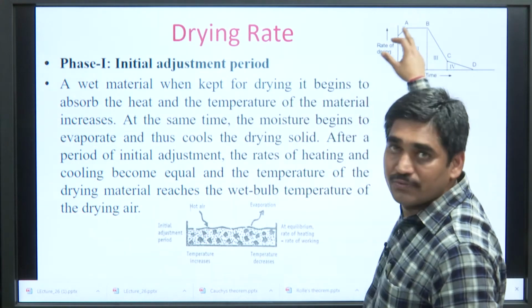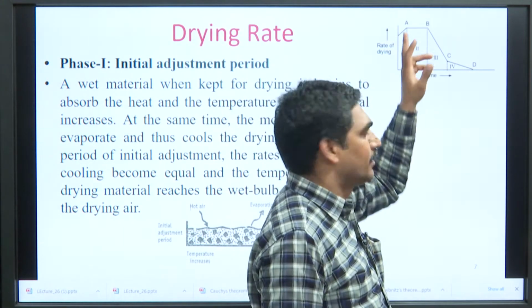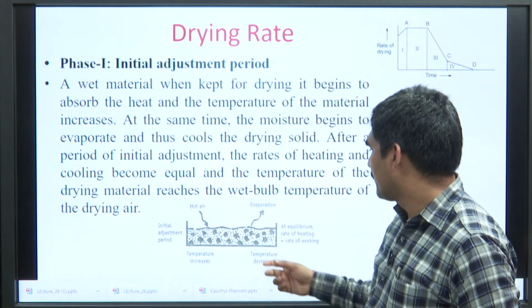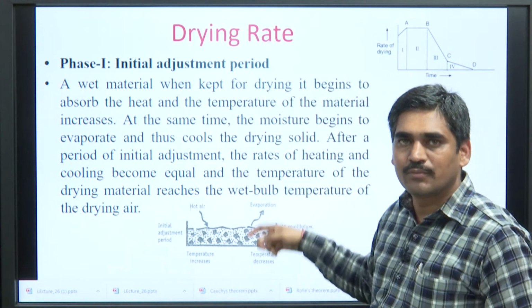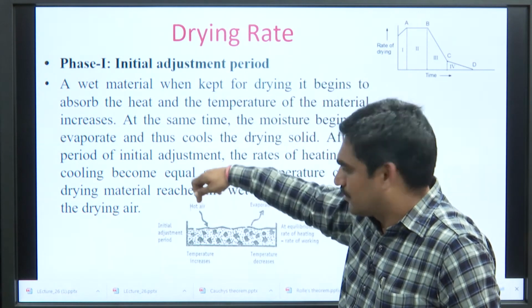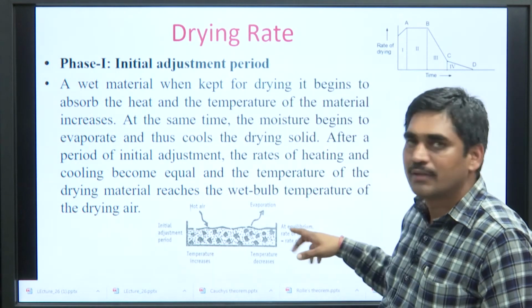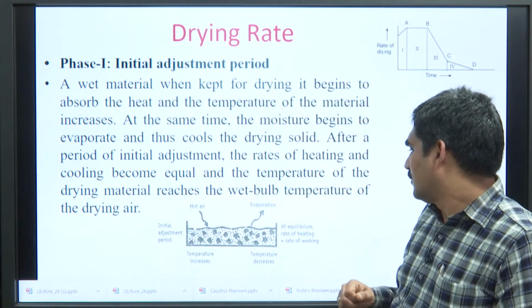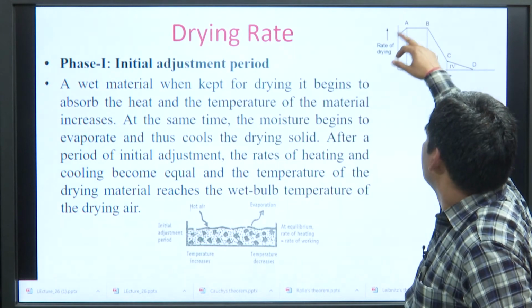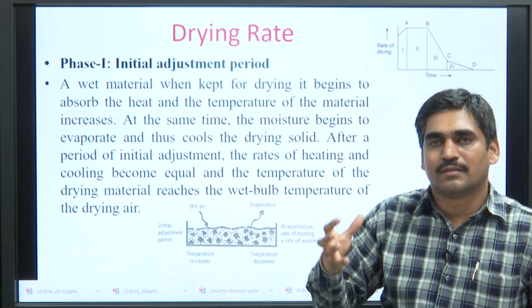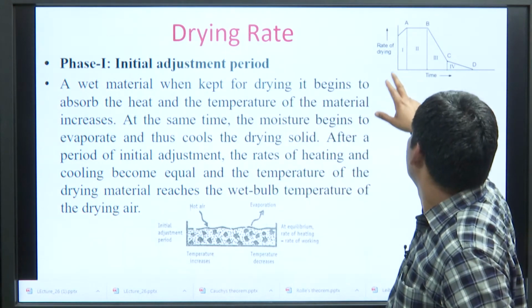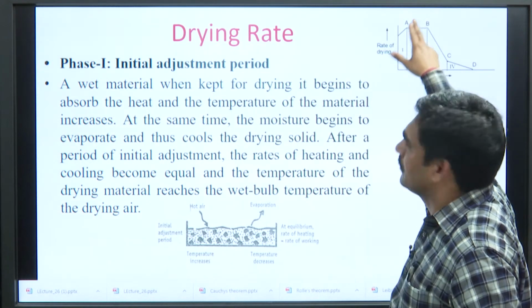So, during this first phase, that is from the y axis to A, the initial adjustment period, the temperature of this material increases, evaporation takes place, which leads to a decrease in temperature. You are applying hot air from this side, and at equilibrium the rate of heating is equal to the rate of cooling. So, as heat is entering the material, more moisture is removed. With the increase in time, the rate of drying increases.